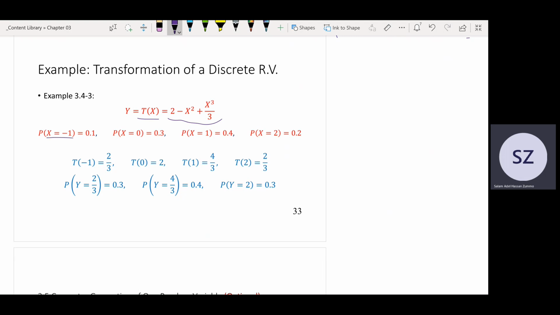Probability that x equals -1 is 0.1, x equals 0 is 0.3, x equals 1 is 0.4, and x equals 2 is 0.2. So let's plot the PDF of x. What does the PDF of x look like? Deltas, where? At -1, right? With what height? 0.1.